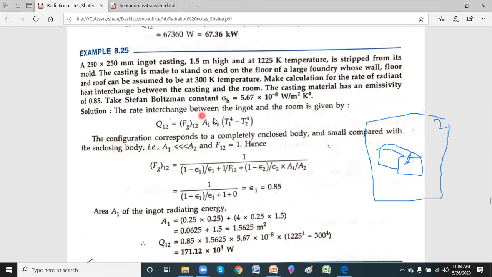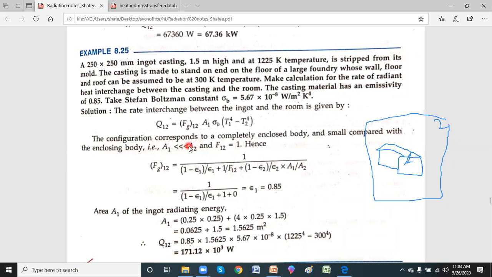The only assumption here is that you have a small casting in a very big room. So there are two surfaces. The room is much bigger compared to the casting. A1 is the casting and A2 is the room, so the area of the casting is very small compared to the room.